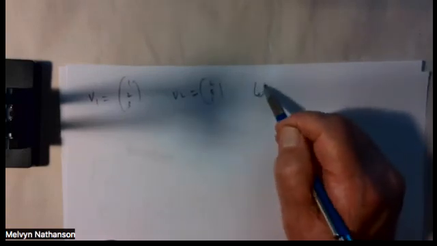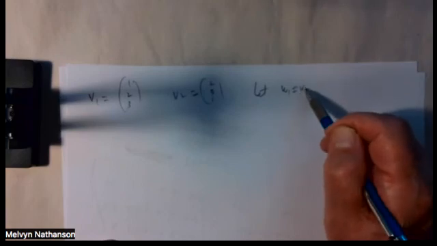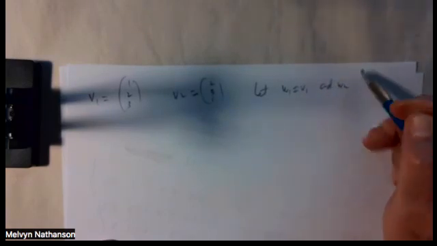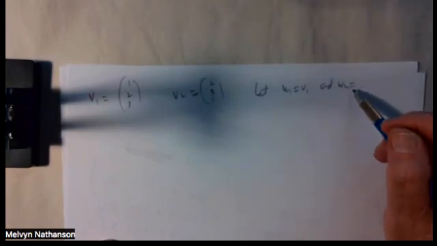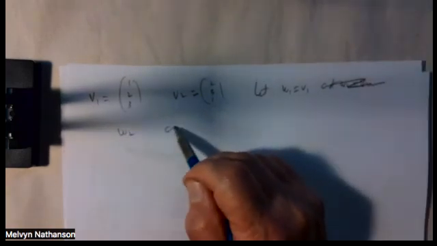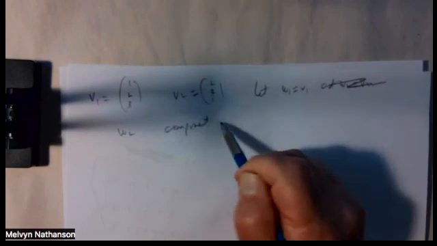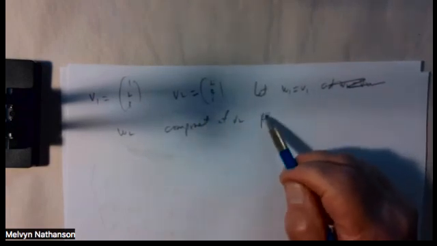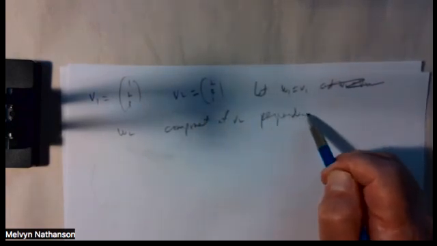So I'm going to let W1 be V1 and W2 be V2 minus the component. So I want W2 to be the component of V2 perpendicular to V1 or W1.